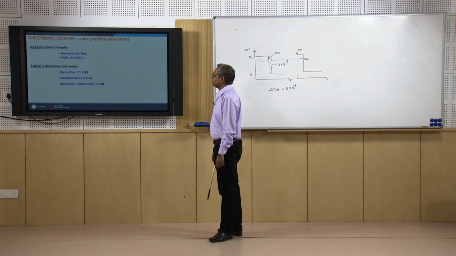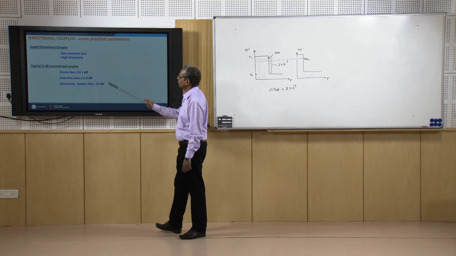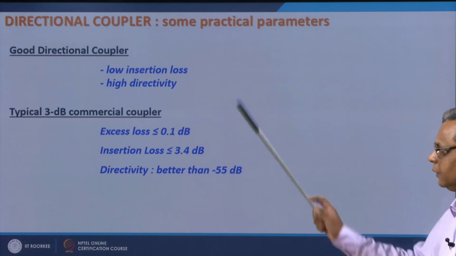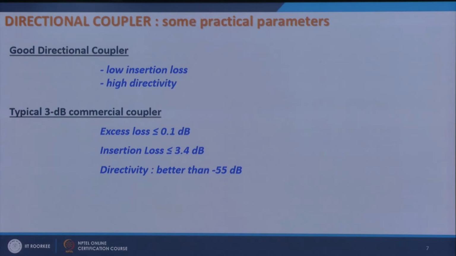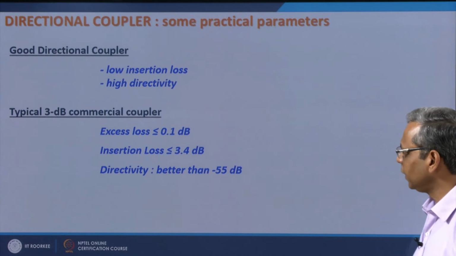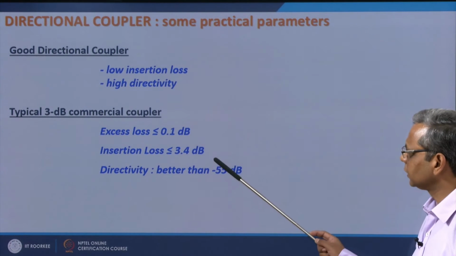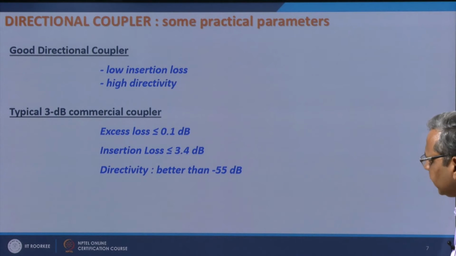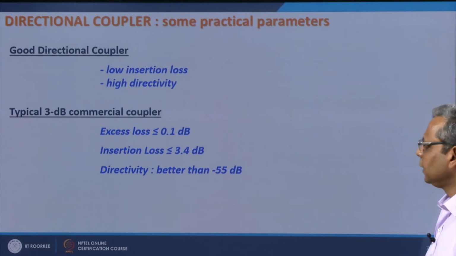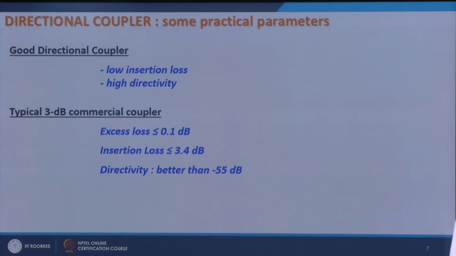So, for a good directional coupler I should have low insertion loss and high directivity. For a typical 3 dB commercial coupler, excess loss is less than or equal to 0.1 dB, insertion loss is about 3.4 dB or less, and directivity is better than minus 55 dB.